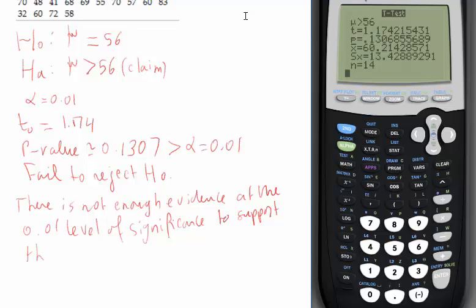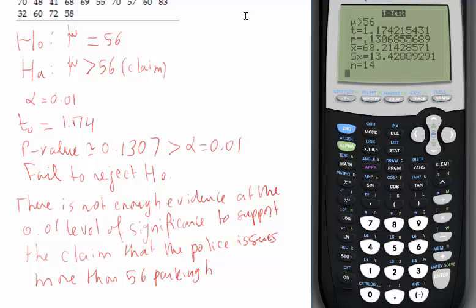To support the claim that the police issue more than 56 parking tickets per day. That's it. This is how you use the calculator to solve this problem.